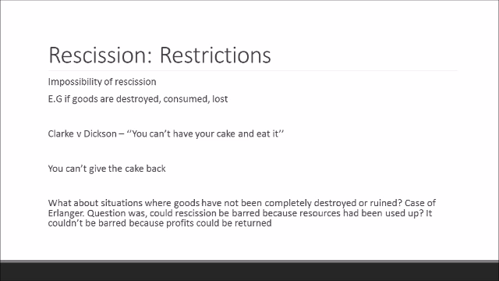Of course, this wouldn't always be possible if, let's say, the defendant didn't make any profits. If they didn't make any money at all, then impossibility of rescission may be the case.